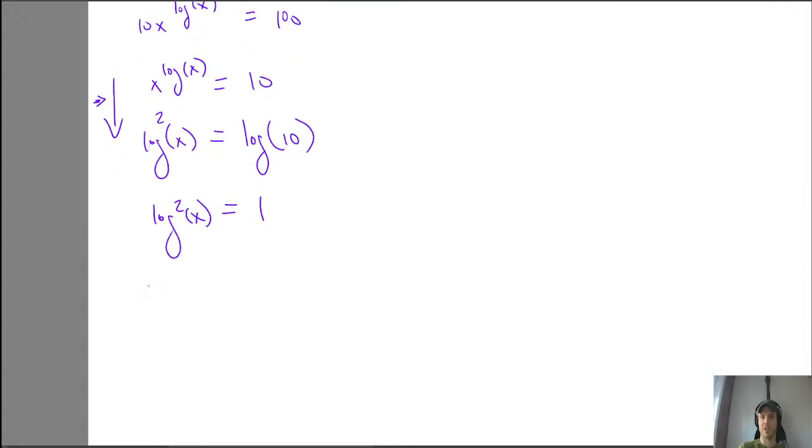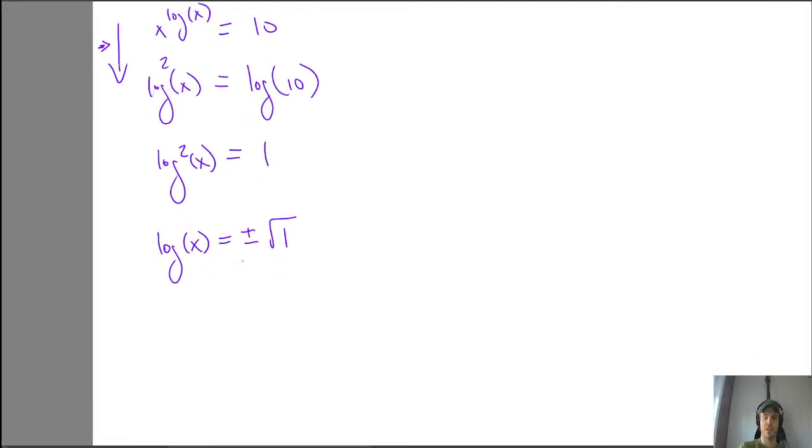Take the square root of both sides. And you get log of x equals plus or minus the square root of 1. Let's rock with that for now, and we may need to throw out a solution. And then we'll exponentiate, or here, I'll break this into 2. Equals root 1, which is 1, or minus root 1, which is negative 1.